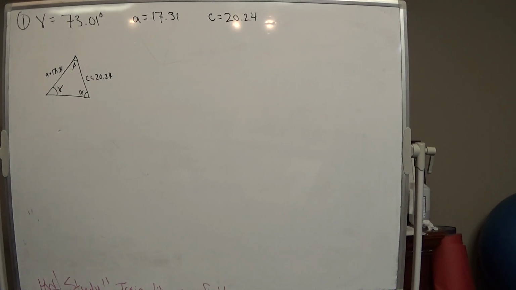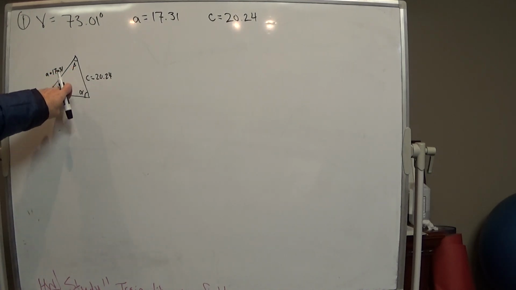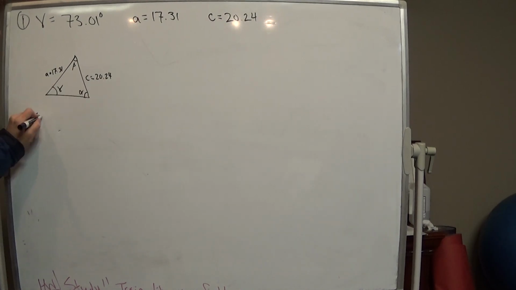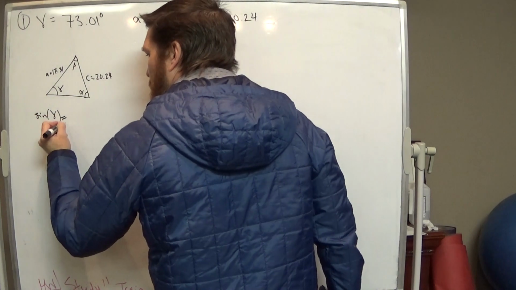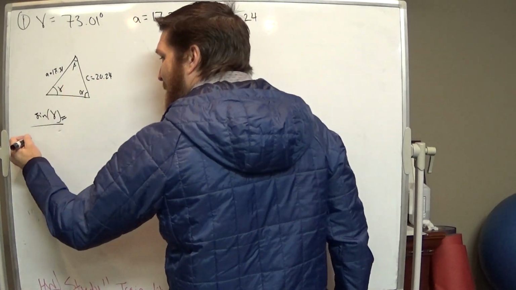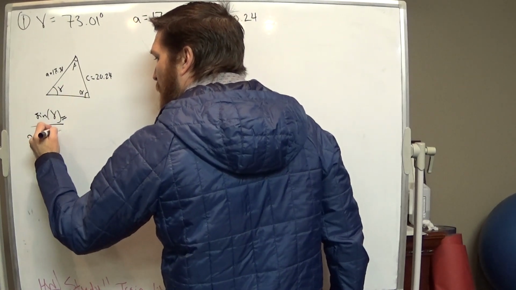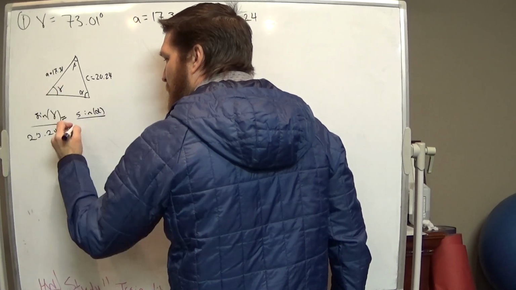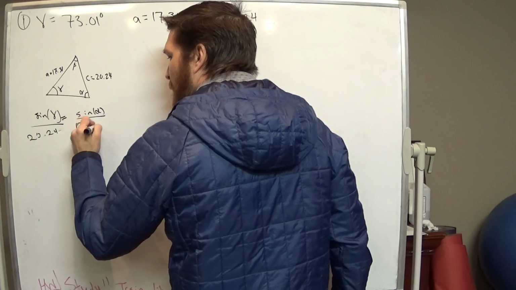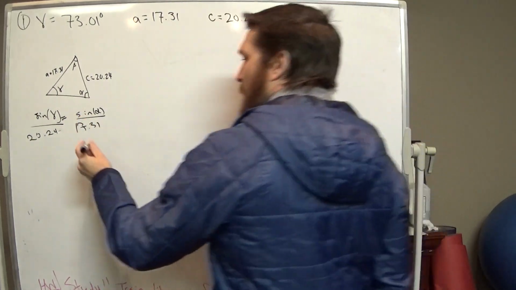So you already said use law of sines to find alpha. And I like that, right? Because we could say sine of this is to this. So sine gamma is to C, which is 20.24, as sine alpha is to 17.31. I'm going to go ahead and do this.